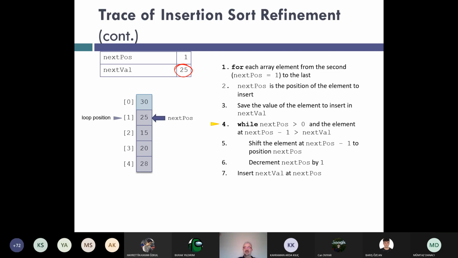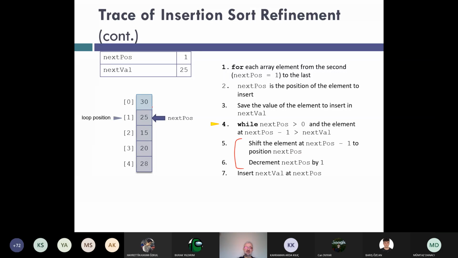And while next pos is greater than 0, next pos is 1 right now, and the previous element 30 is greater than next value 25. So we continue with the iterations of the while loop.